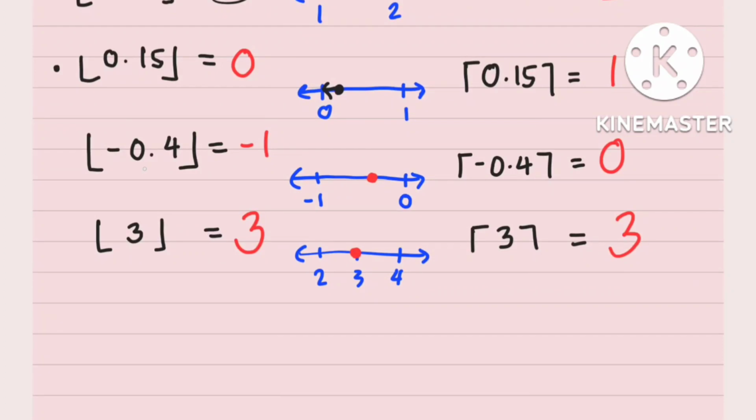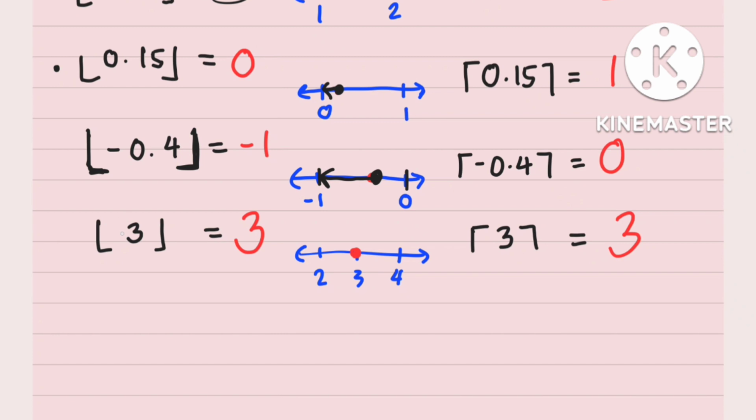While negative 0.4 is between negative 1 and 0. But it's nearer to 0. However, we want the floor value of negative 0.4. That's why we have to move down to negative 1.